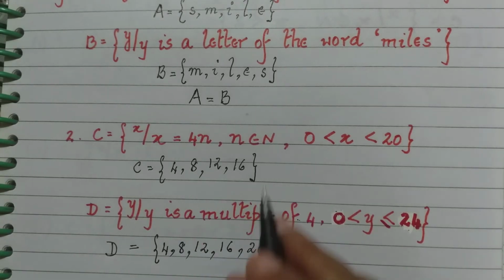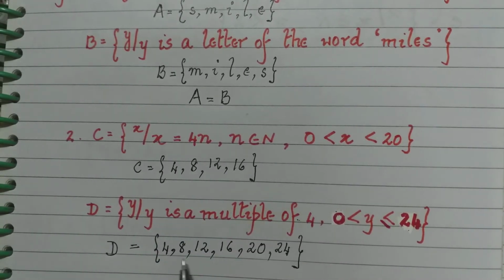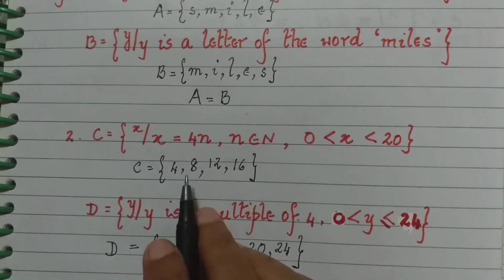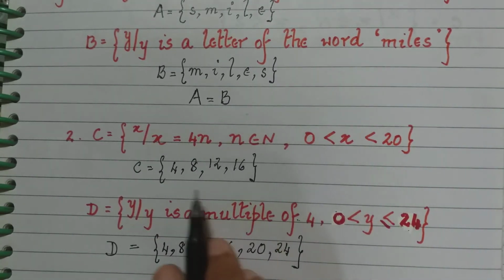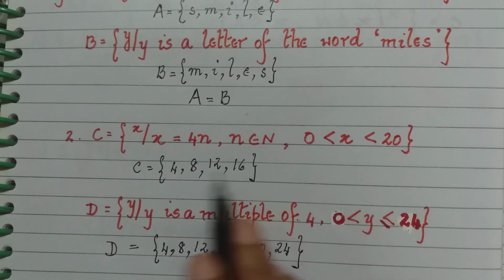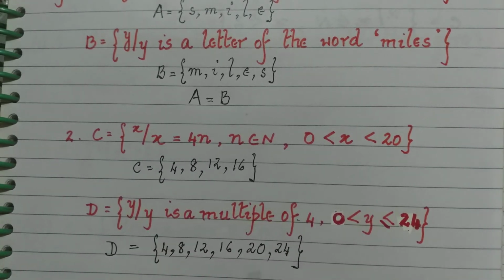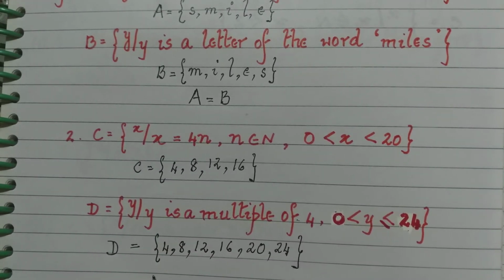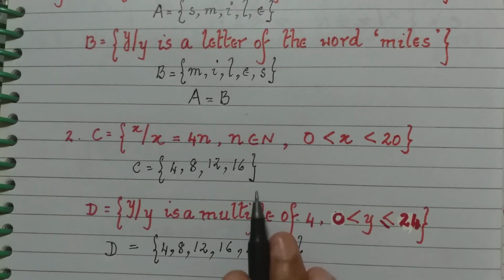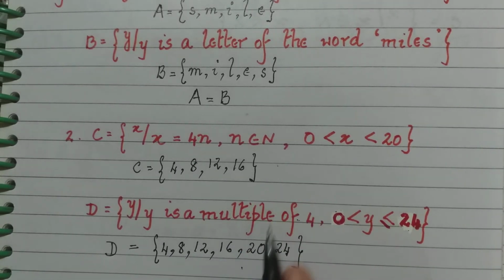Now if we look at the elements in set C and set D, first of all we count the elements. Here we have 4 elements in set C, but we have 6 elements in set D. Therefore, set C and set D cannot be equal.